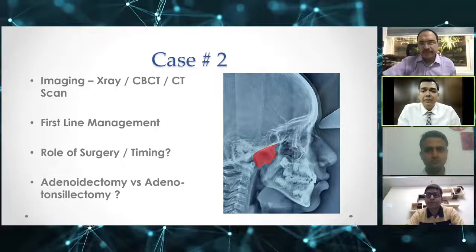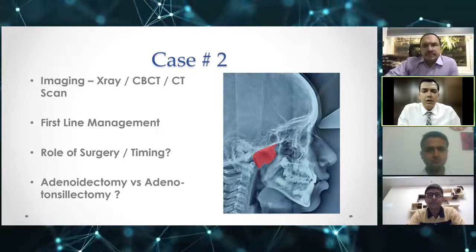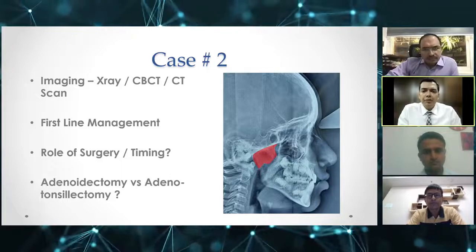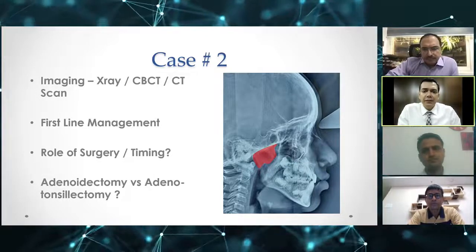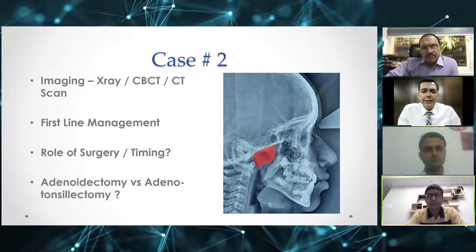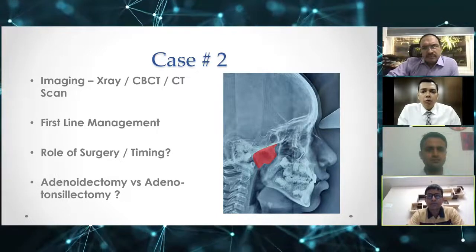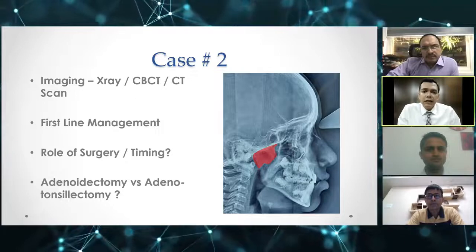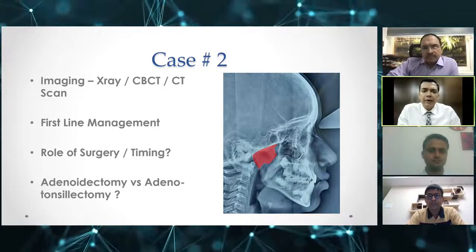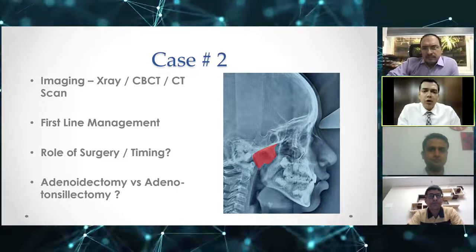So the perfect message for all the ENT colleagues out there too. Although adenoidectomy is perhaps responsible for 70-80% of the obstruction and the tonsils may not appear large, if you are finding signs of SDB, go for a complete adenotonsillectomy. You want to create as much space as you can with minimal morbidity. That is the end point. That is what you want to achieve.